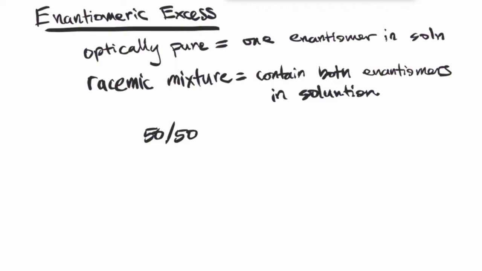Now, as we said before, it could be a 50-50 split. You have 50% of one enantiomer and 50% of the other enantiomer. And remember we said that they rotate light in opposite but equal direction. So if you have 50% of them, then one will rotate light in one direction, the other will rotate light in the opposite direction in the same degrees. So overall, that light will look like it has not been rotated at all.